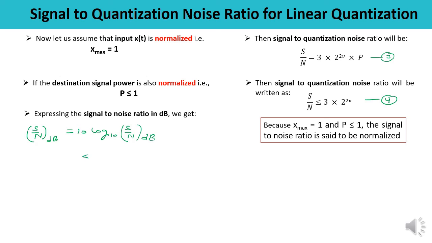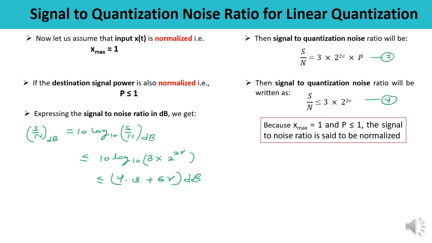So it must be less than or equal to the right hand side term, 10 log base 10 of 3 into 2 raised to the power 2V, or you can simplify it, and you will get its value as 4.8 plus 6 times V in dB.